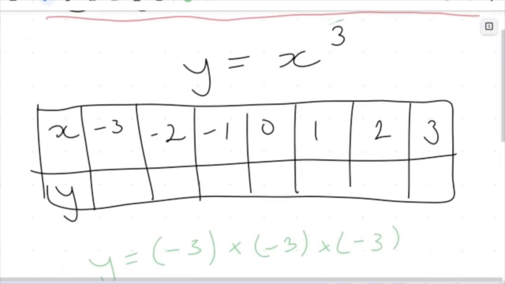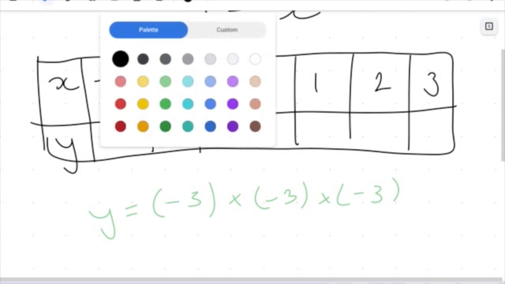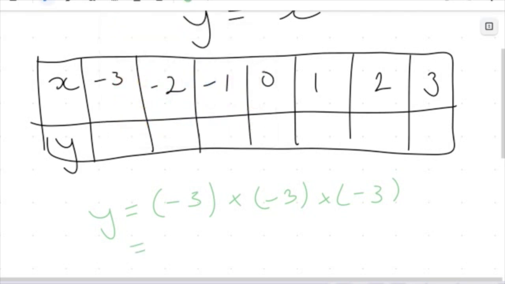That's what cubing a number means, timesing it 3 times by itself. So this gives me -3 times -3 gives me a positive number because of the double negative. That gives me 9, and multiplied by -3, that gives me -27. So we're going to write that in my table of values.